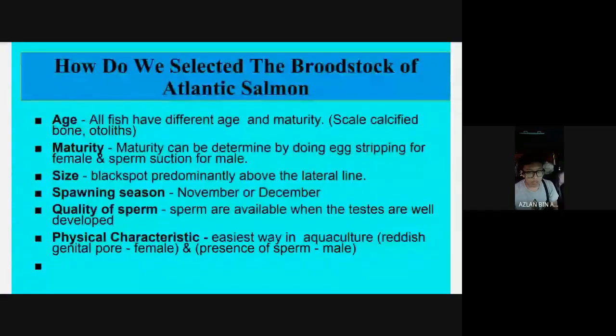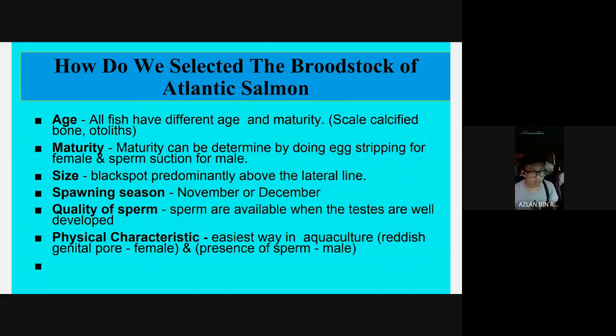And the fourth one is spawning season, which for Atlantic salmon usually is held in November and December. But sometimes there are some fish whose spawning season runs from October to late February.